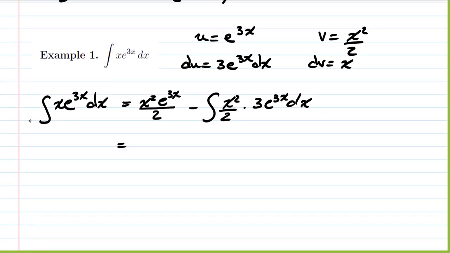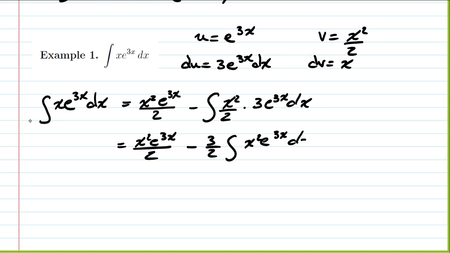So I clean that up a little bit, so we get x squared e to the 3x over 2 minus 3 over 2, the integral of x squared e to the 3x dx. And now I look at this, do I know how to do the integral of x squared e to the 3x?